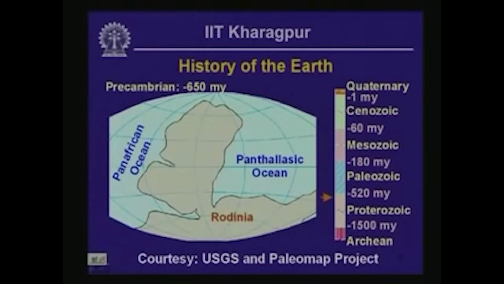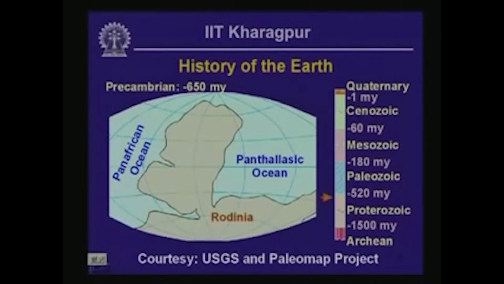Then we have the Cenozoic, which lasted between 60 million years ago and about 1 million years ago, and the present geologic era is called the Quaternary, which started about a million years ago counted from now. So that is the explanation of the bar chart, which you will see on each one of the slides that come right after this one.